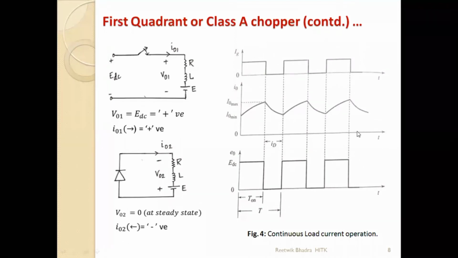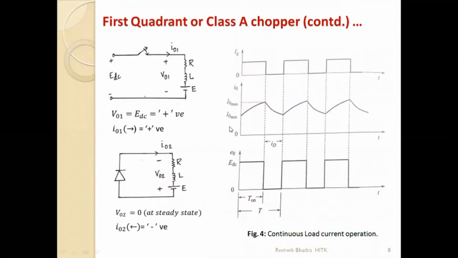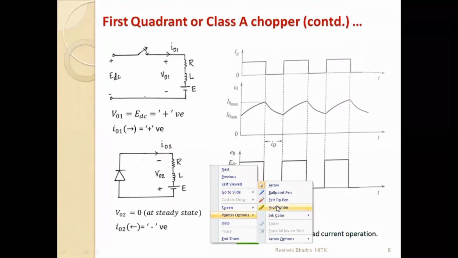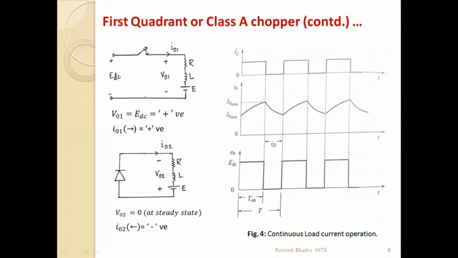Now if you see the waveforms, how do we calculate the average value? If you look at the waveforms, can you say what the average value will be? It will be nothing but a center line between these two. This center line is above 0, so this is obviously a positive current.